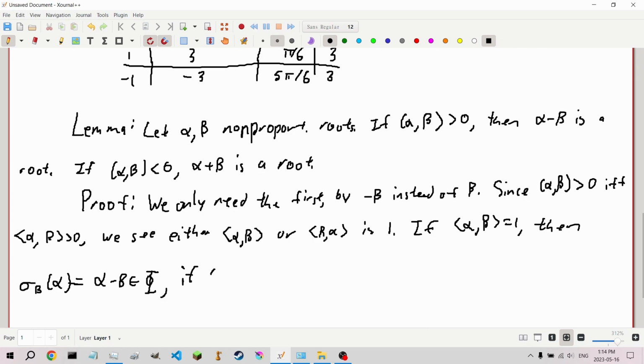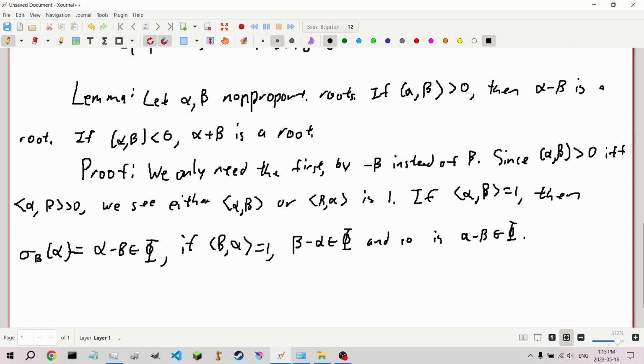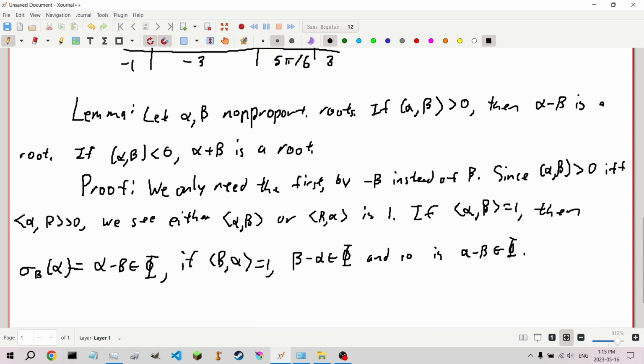And if the angle bracket of beta and alpha is 1, then by that logic beta minus alpha is a root, and so will be its negative, alpha minus beta. Okay, so let's have a quick discussion of this afterwards.